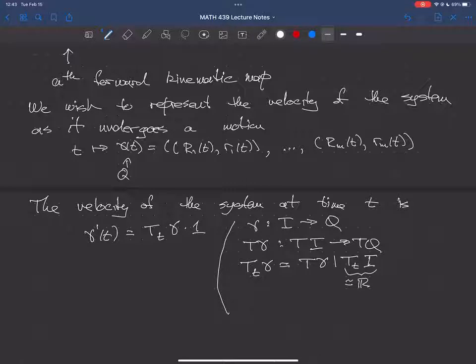In this case, the Euclidean space is the one-dimensional Euclidean space. All right, and so therefore gamma prime is just what I wrote.